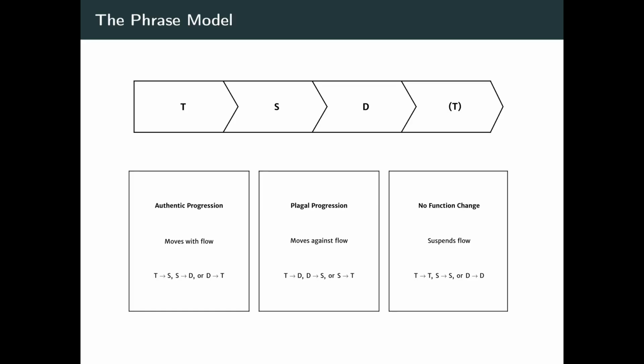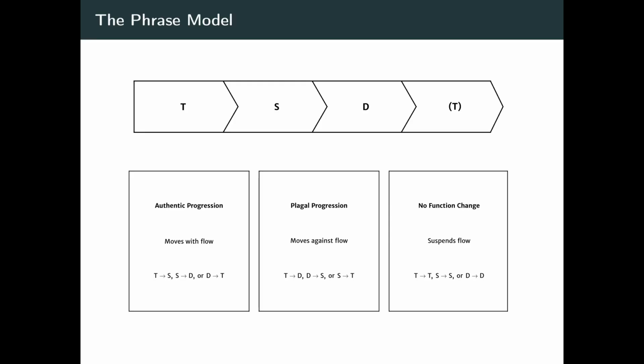And if we have two of the same harmonic functions in a row, that's called no function change. So plagal is anything that moves against the flow of the phrase model. Anything that suspends motion through the phrase model is called no function change. And authentic motion is anything that moves with the flow of the phrase model.